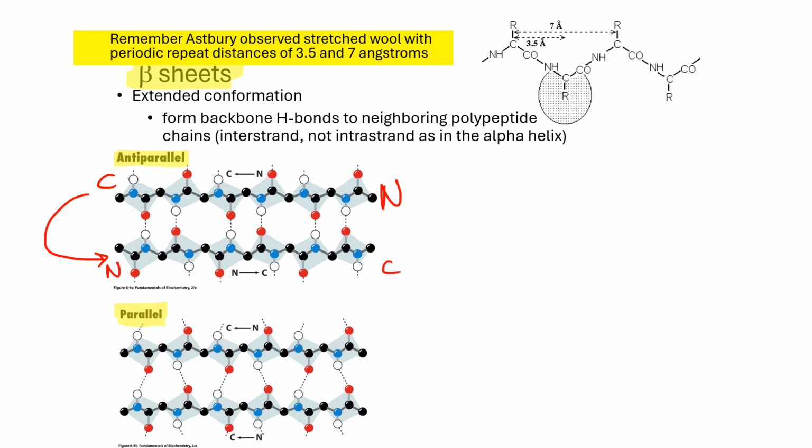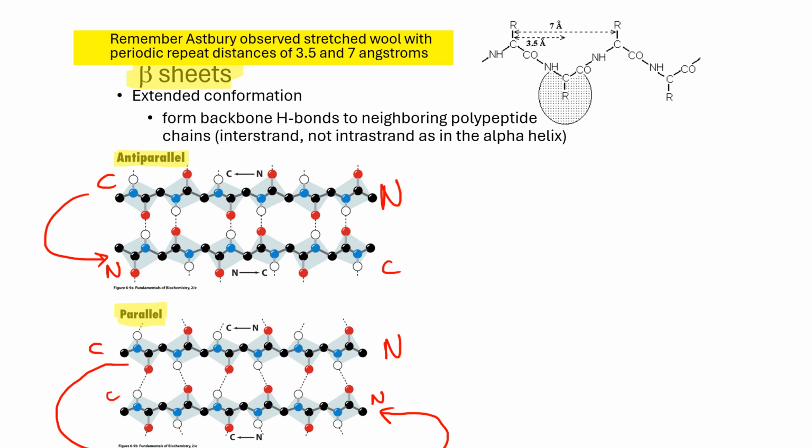A parallel beta sheet, by contrast, would be, here's our N termini to our C termini. Now this is going to go in a slightly different direction because it's going to kind of loop down and swing back, making this the N to C terminal direction.